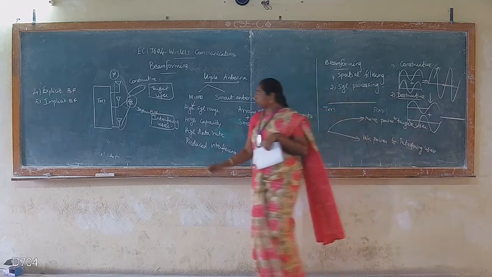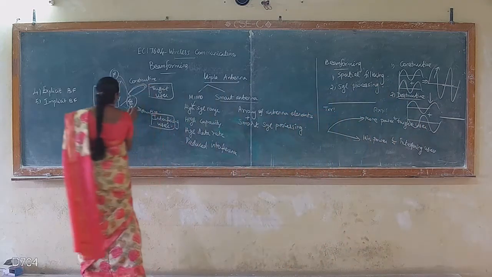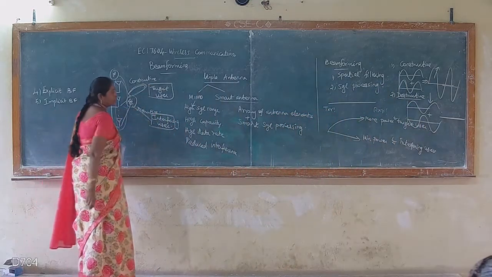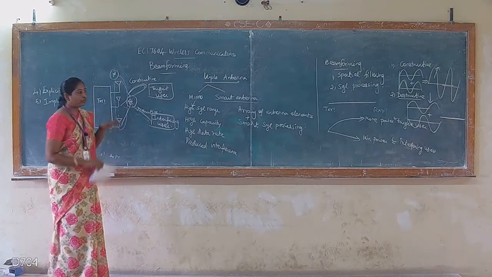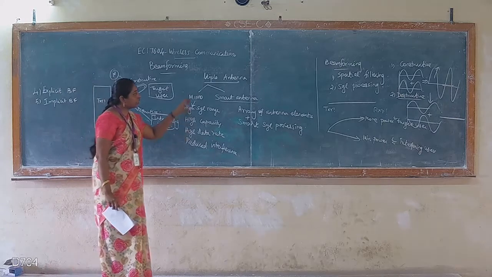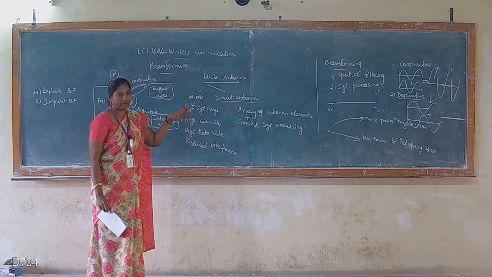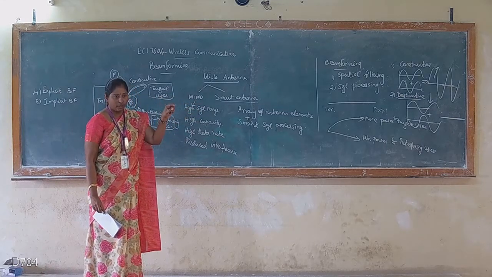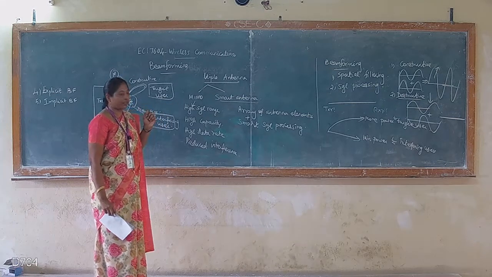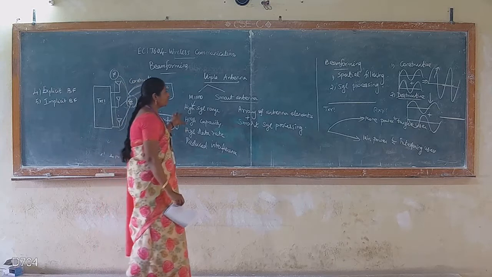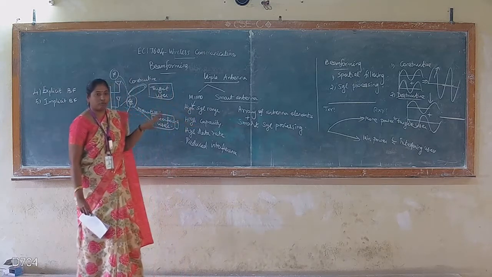So towards the target it is constructive, and towards the interference it is destructive, giving a null. This is the principle of beamforming. We combine the antenna elements in such a way that in a particular direction we get constructive interference and in another direction we get destructive interference.